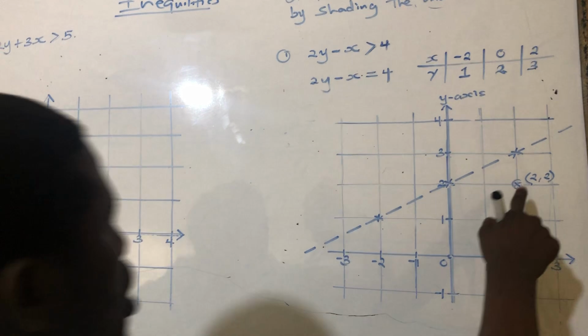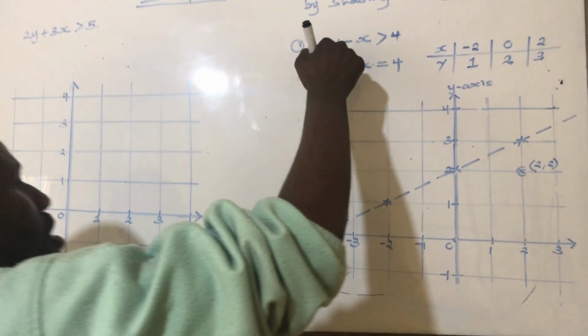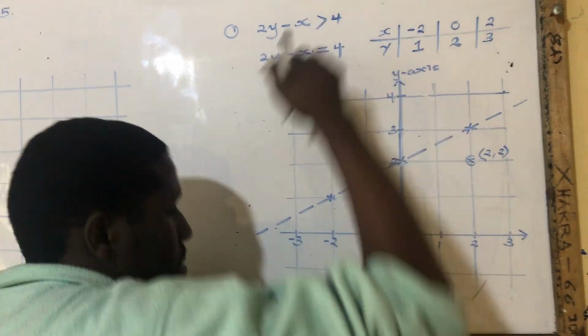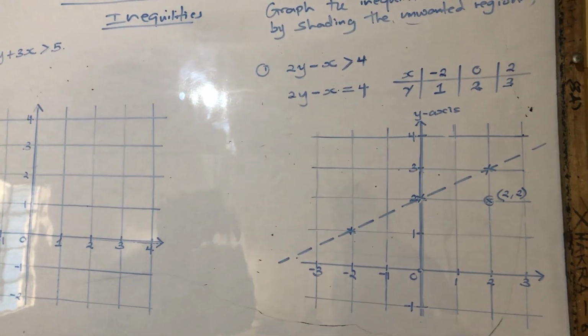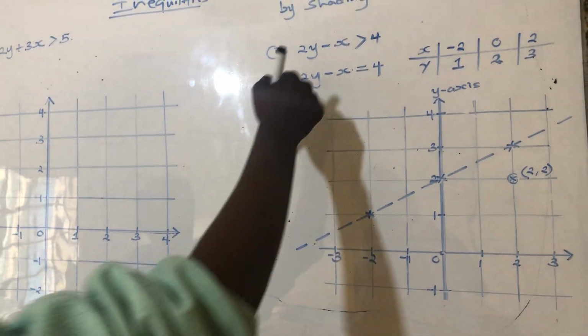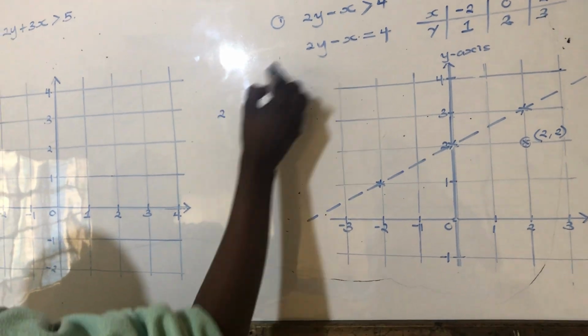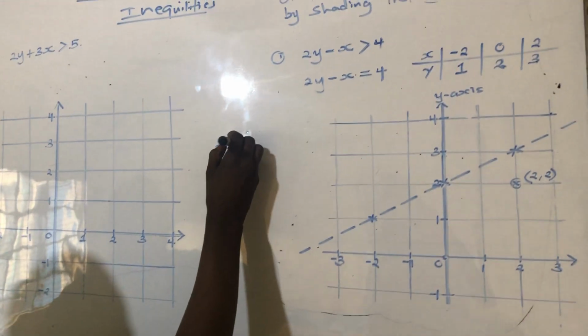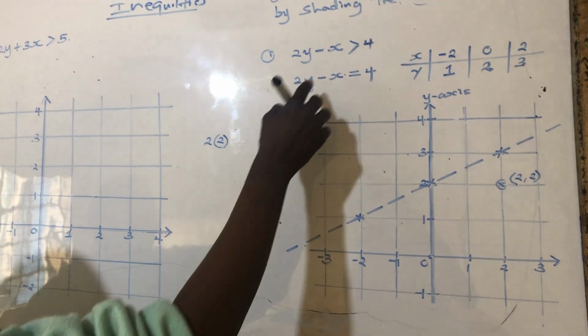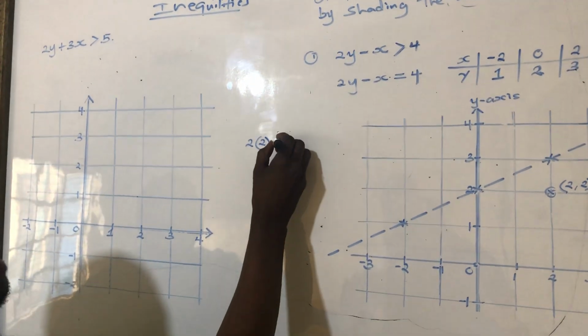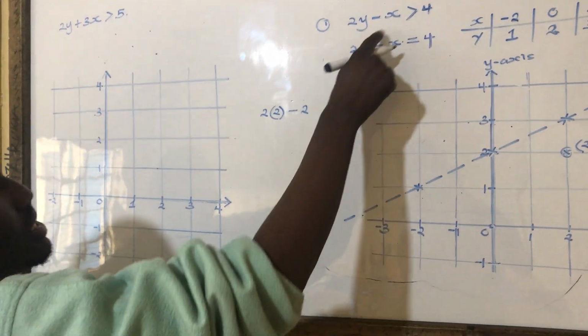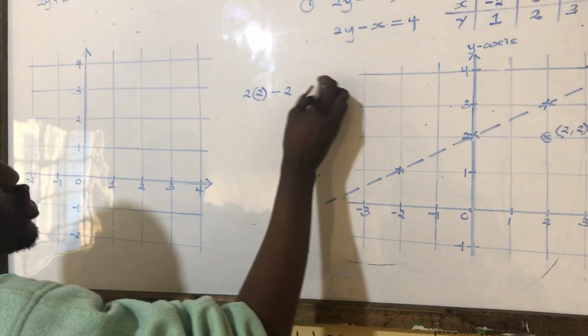We will substitute these values in this inequality. In the place of y, we will substitute 2. And in the place of x, we will again substitute the same number 2.